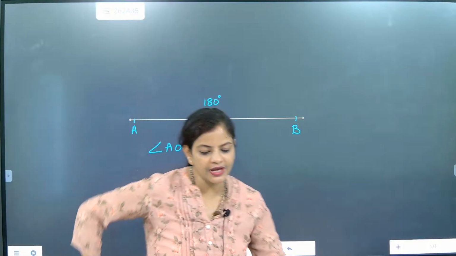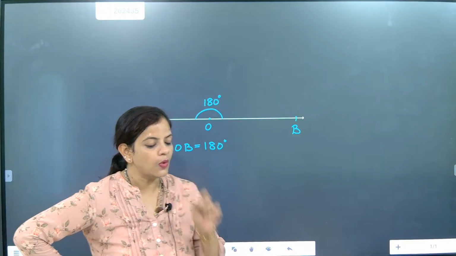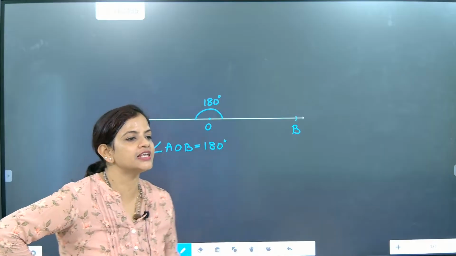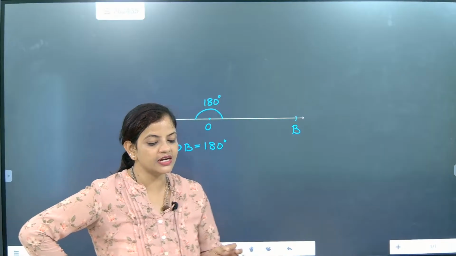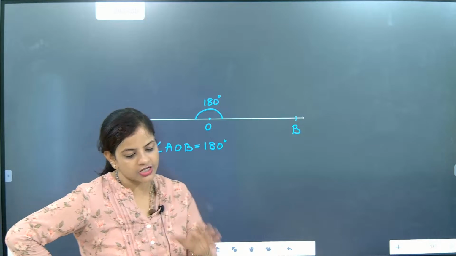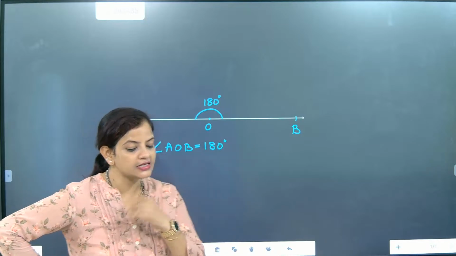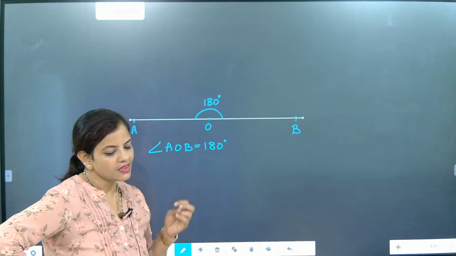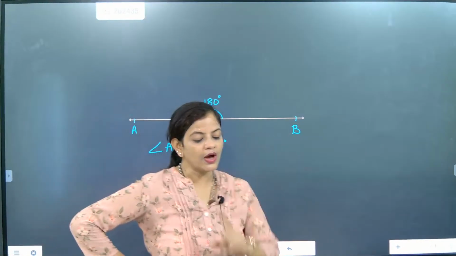So angle AOB is equal to 180 degrees, and that is considered a straight angle.